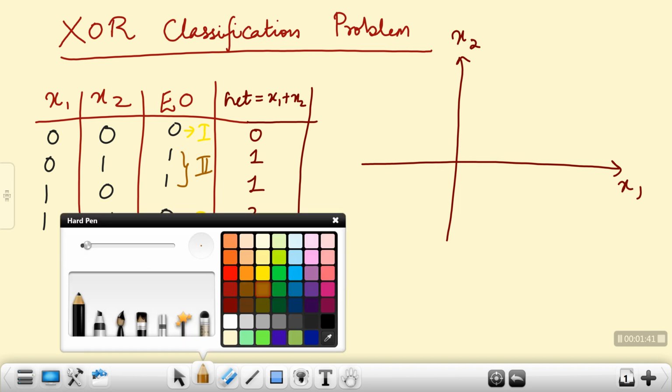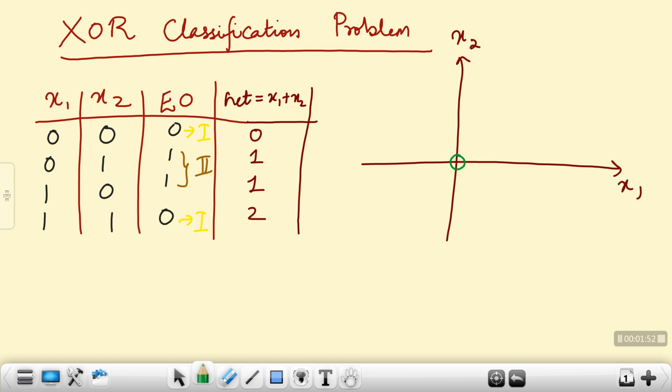But in this case, when I plot these points, at 0, 0 the output is 0 and the output is 0 again at 1, 1.